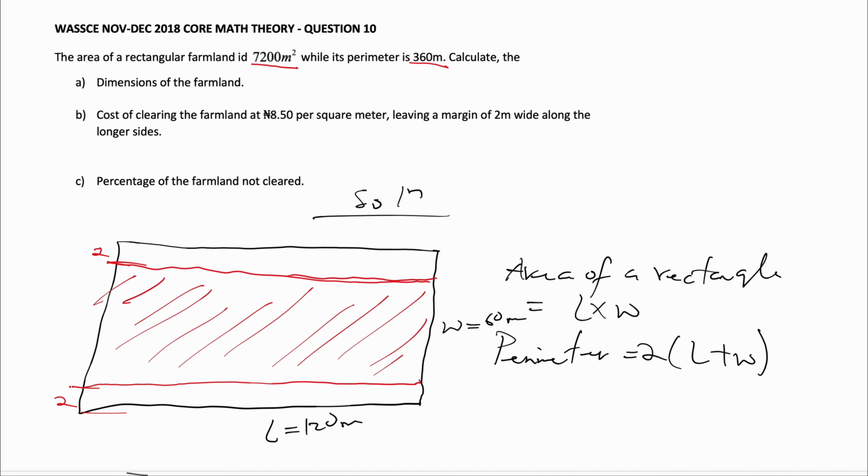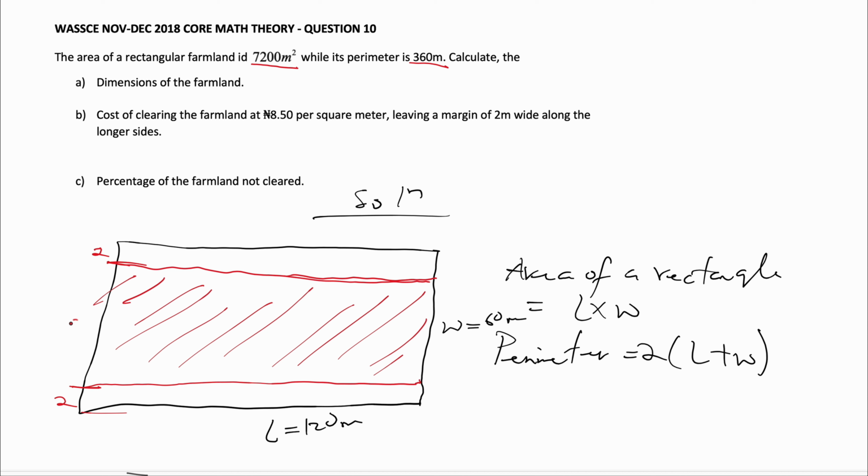So the area of the cleared land will be the length, which is still 120, times the width, which is now 56. 56 times 120 is equal to 6,720 meters squared.